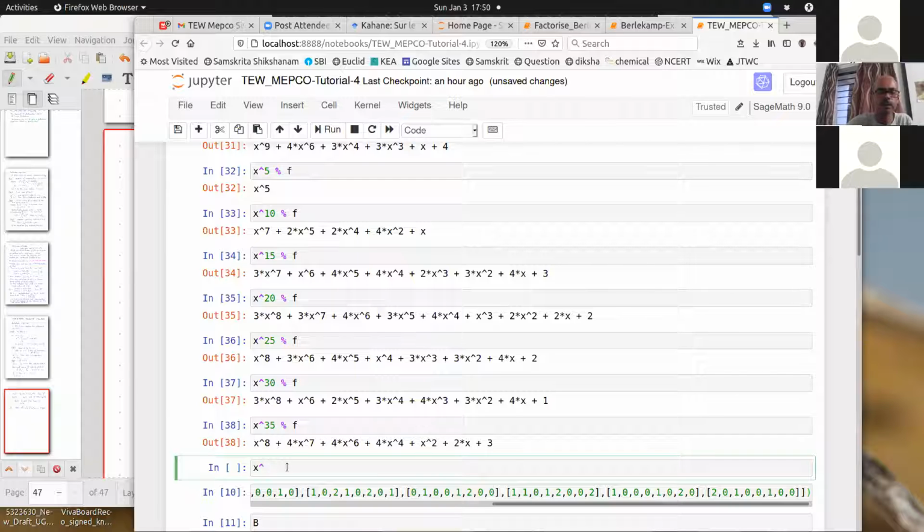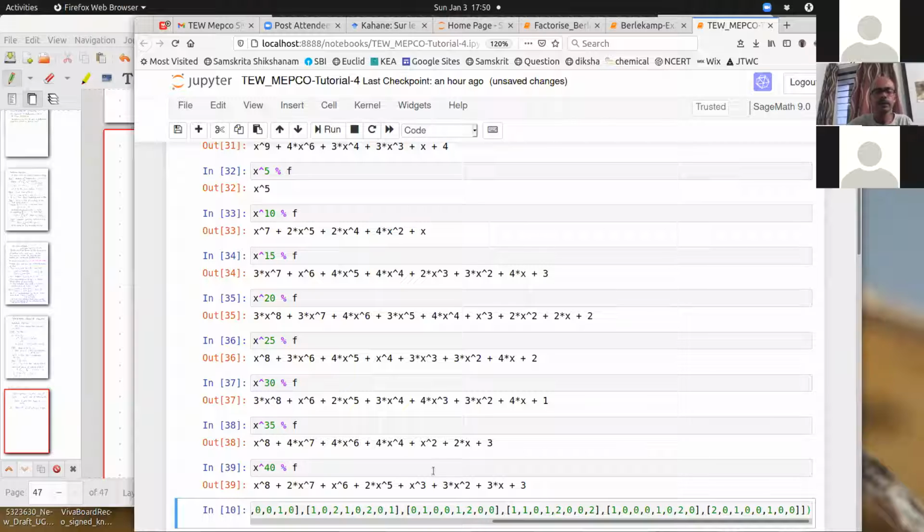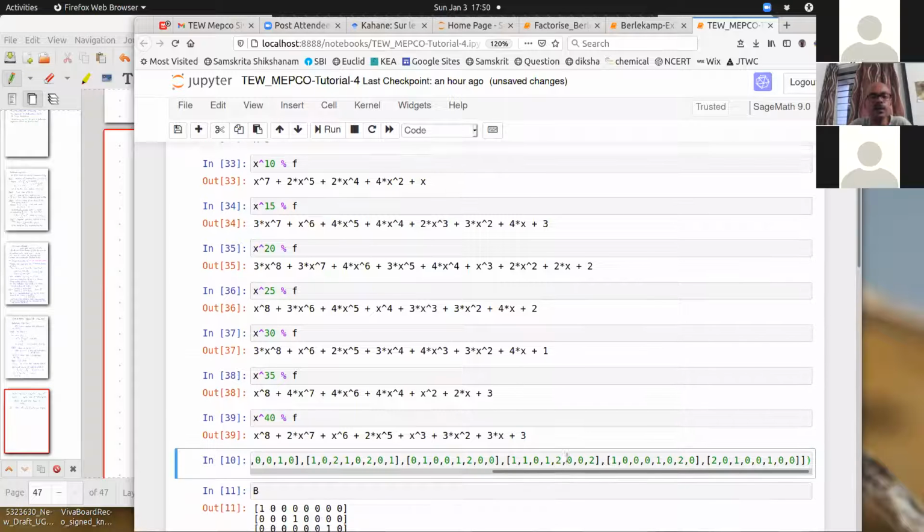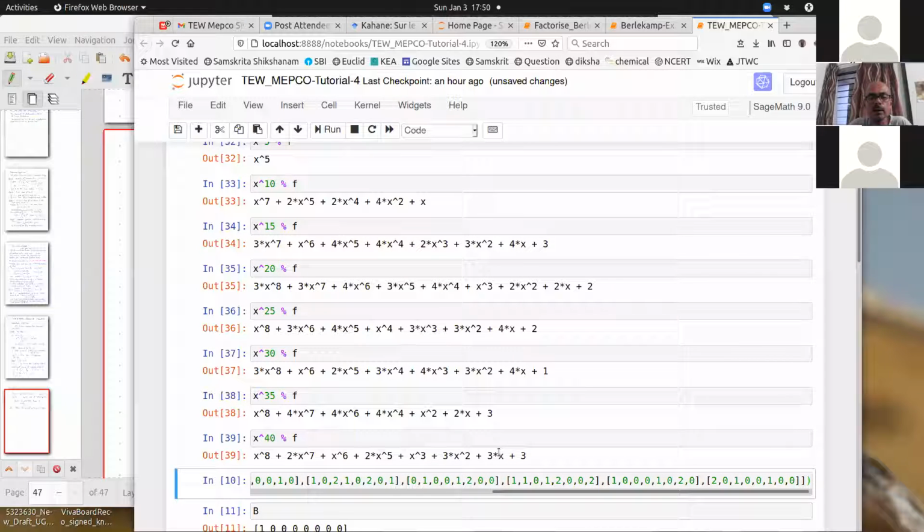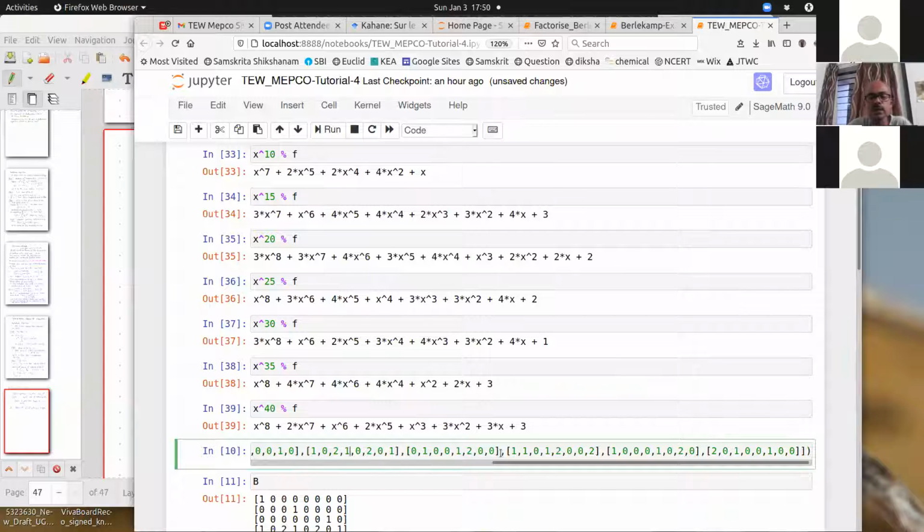That's the last power, x to the 40. Yes, so we have everything. Now the difficult job is to give the matrix entries. Let's do that carefully.